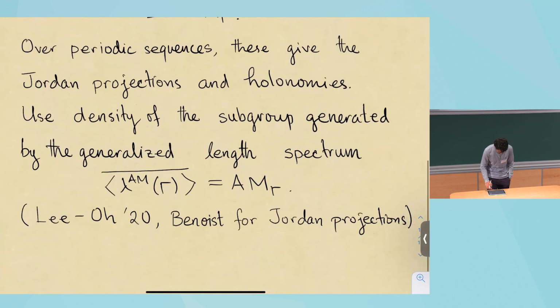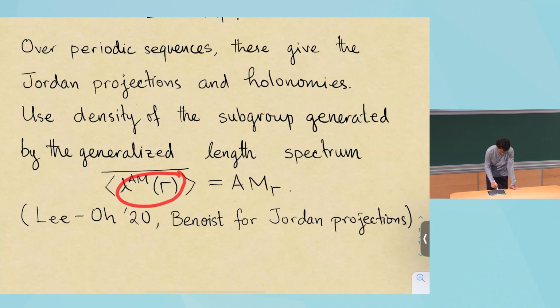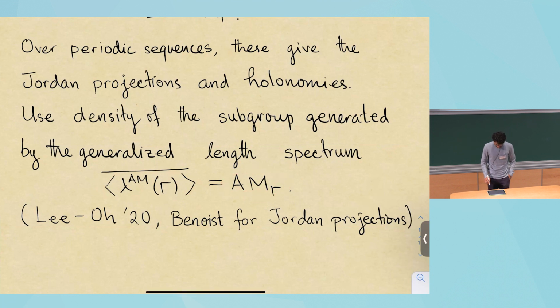A very crucial property that we need to use is that when you put the two together, you get this generalized length spectrum, which I'm writing as lambda AM of gamma. And if you look at the group generated by that, then it is dense in AM sub gamma.